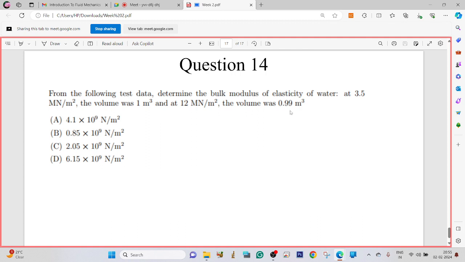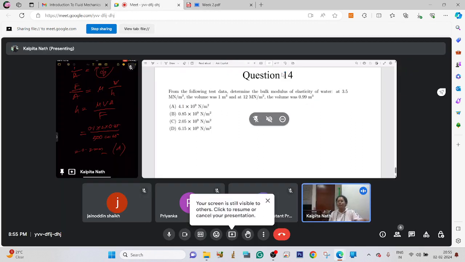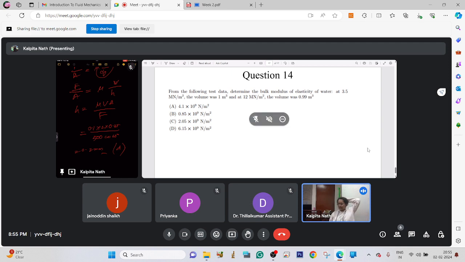It is given that at 3.5 mega Newton per meter square, the volume is 1 meter cube, and at 12 mega Newton per meter square, the volume is 0.99 meter cube. Which of the following is true for the bulk modulus? We just need to apply the formula of bulk modulus. So it's very easy, right? I'll give you 2 minutes to answer this, then we'll proceed with the solution.